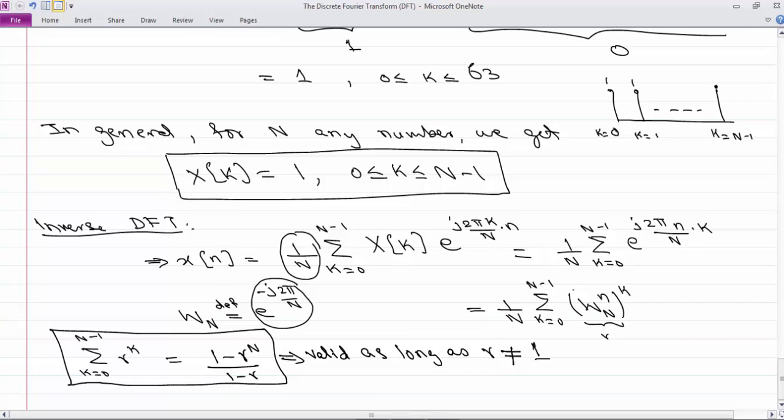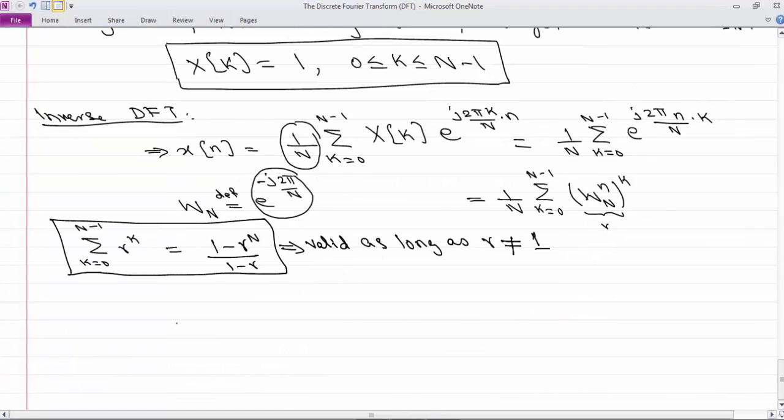So we have to compute this geometric sum while being aware of the fact that r must not be equal to 1. So we are defining our r in our case as W_N to the little n. This means that for n equal to 0, r is equal to 1.